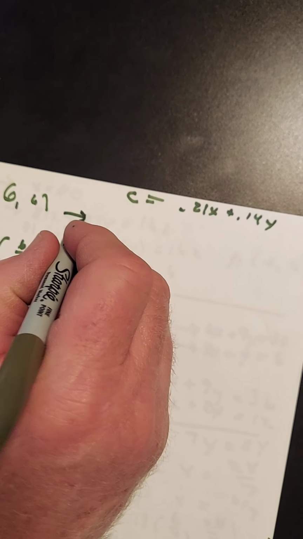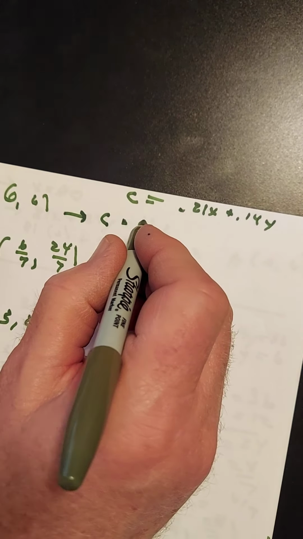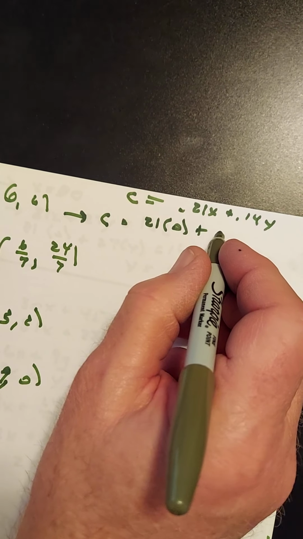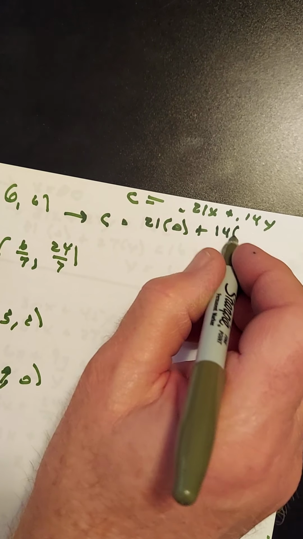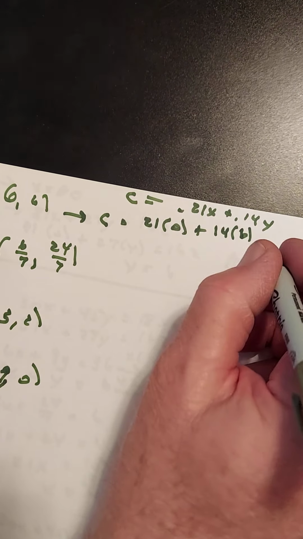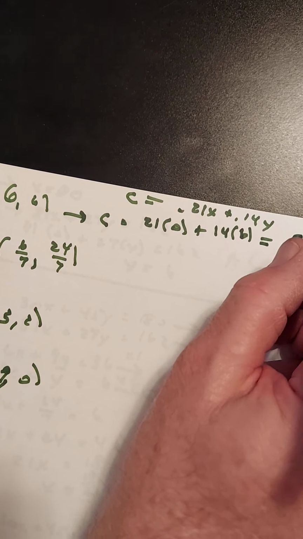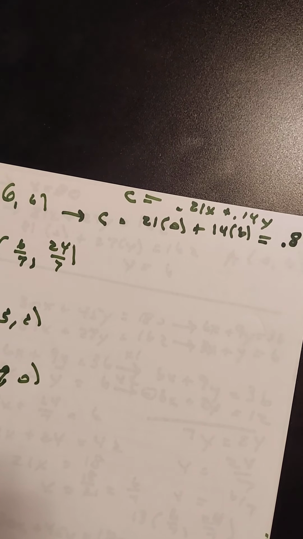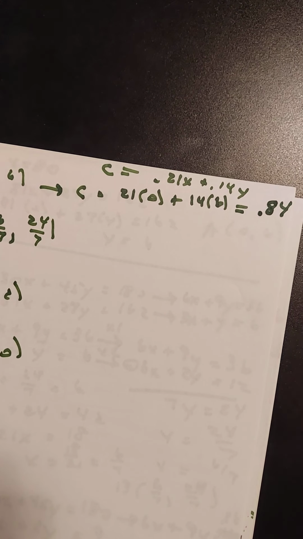So my cost here will be 21 times 0 plus 14 times 6. So that's 0 plus 84. Now I'm going to put that back in. It's going to be 0.84, 84 cents.